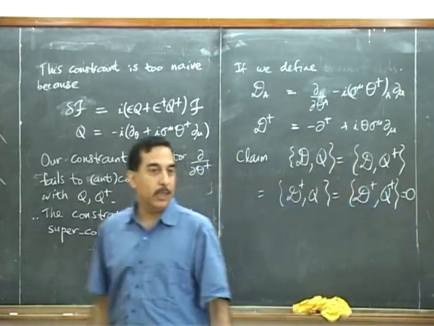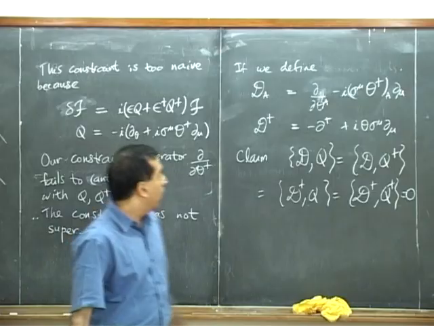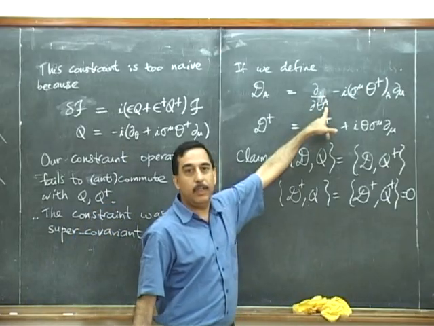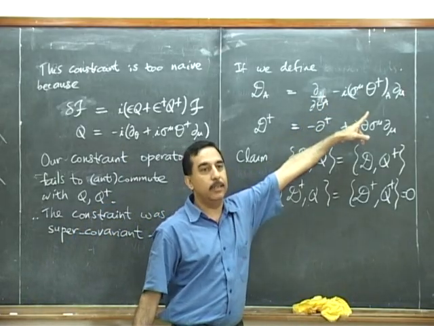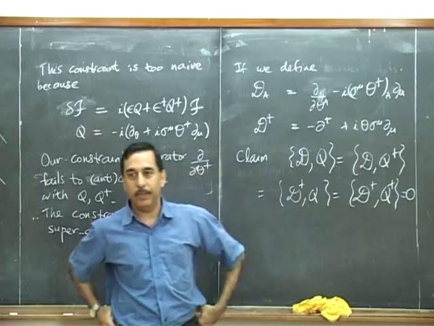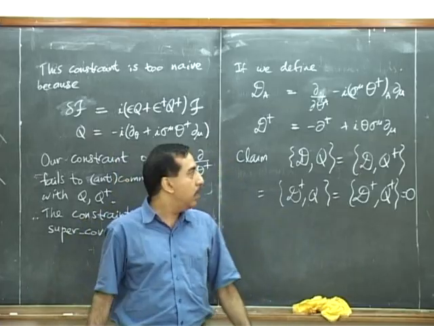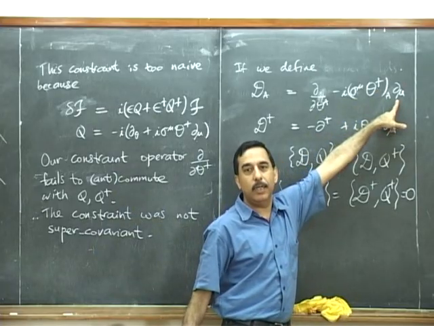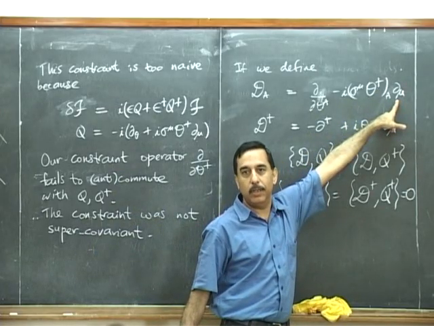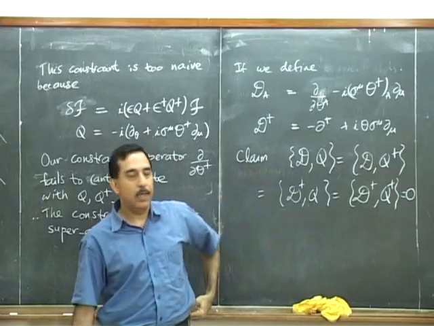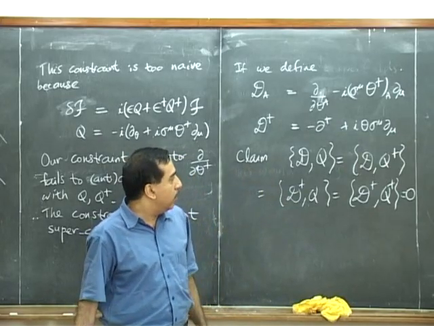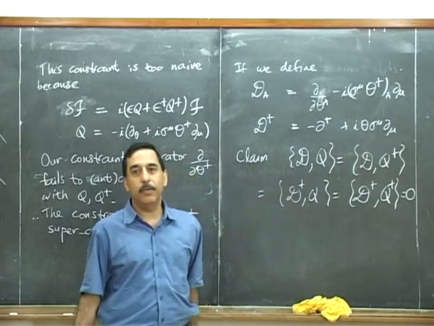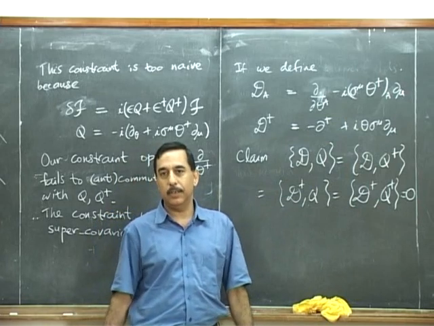So I found an operator D which starts out being a derivative in theta, but it has a correction term, so very much like a covariant derivative. Well, maybe not very much, because we are used to the correction term being a function, but here the correction term is itself a derivative operator. So both are derivative operators. But whatever it is, it has the beautiful property that it anticommutes with all Q's and Q daggers.